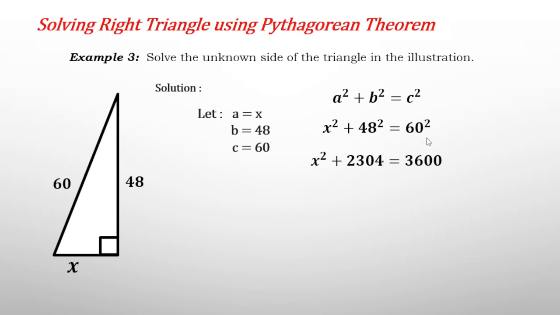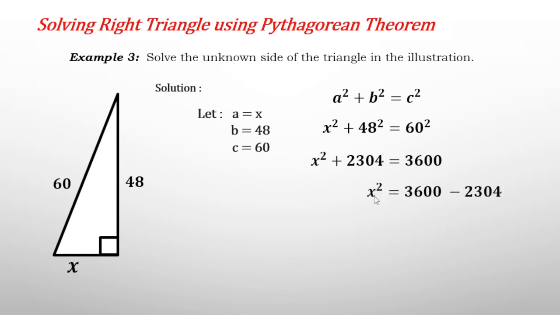And the square of 60, which is 60 times 60, is equal to 3600. All we need to do is isolate x squared by transposing 2304 to the other side. Take note that 2304 is a positive term, so if you transpose it to the other side, it becomes negative.